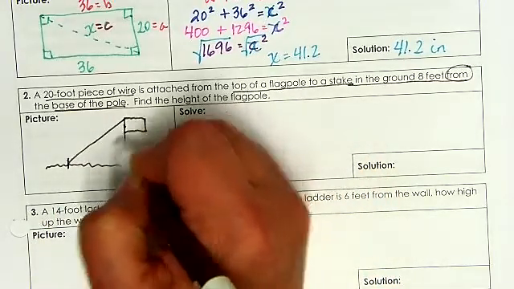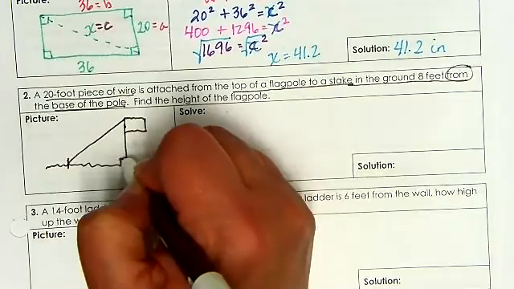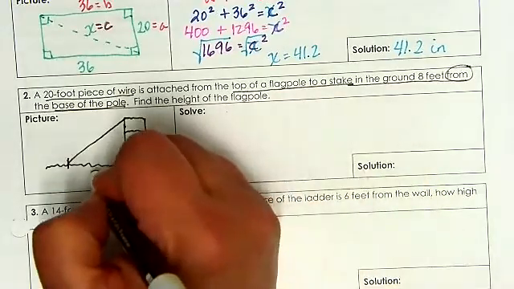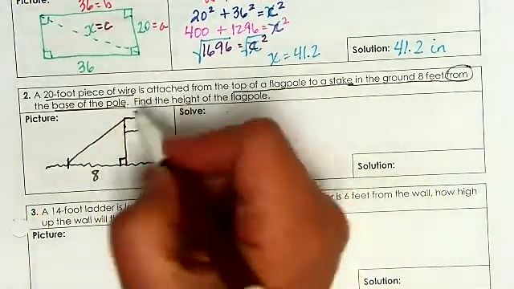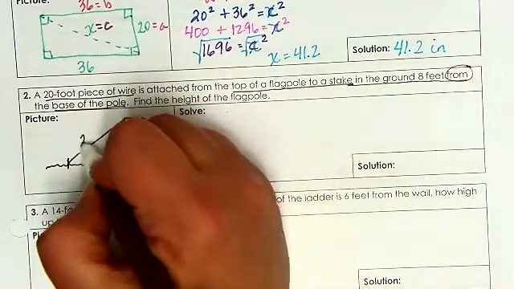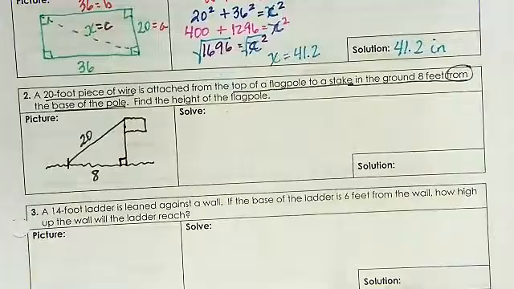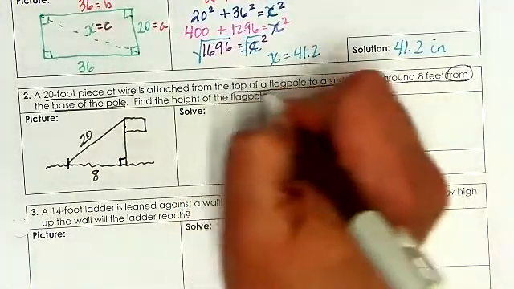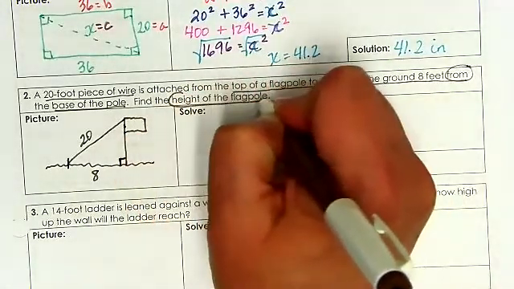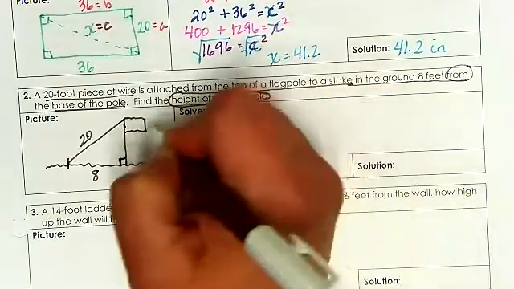Well, the pole is straight up and down. So this makes a right angle right here. And this is 8 feet from here to here. And the wire is 20 feet. Okay, and we're looking for the height of the flagpole.